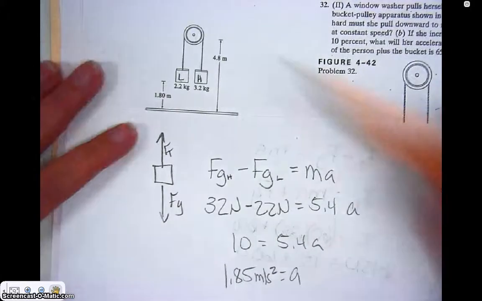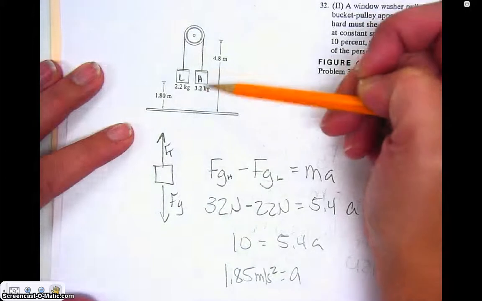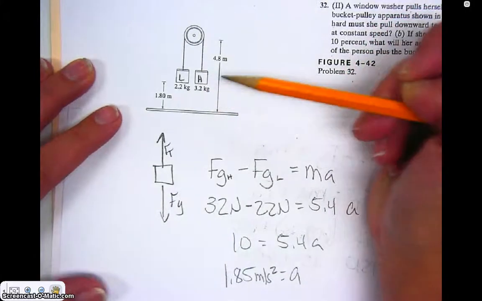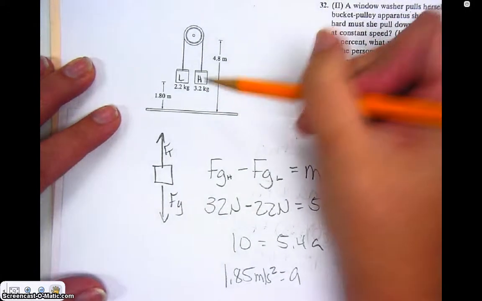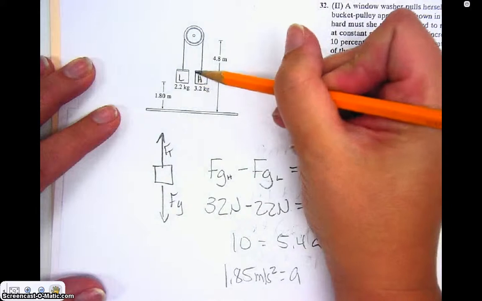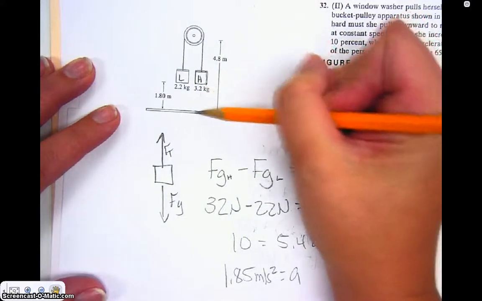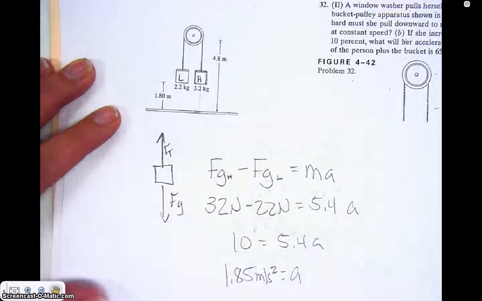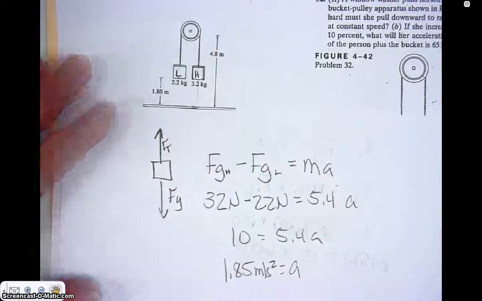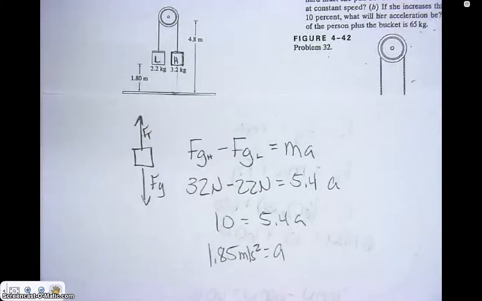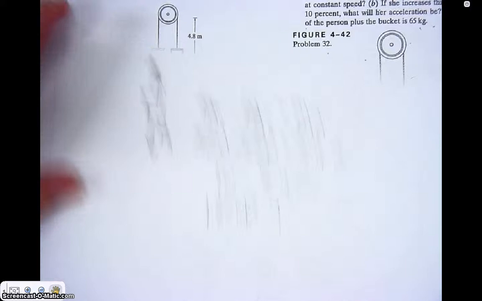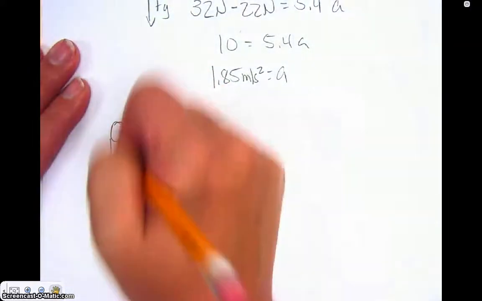The first part was figuring out how fast these things are accelerating. Now we want to find what velocity this one has when it hits the ground. The initial velocity is 0. I'll zoom in a little and redraw our picture.